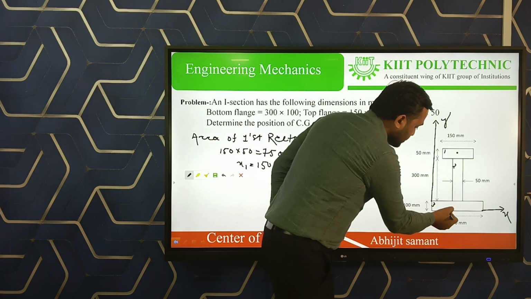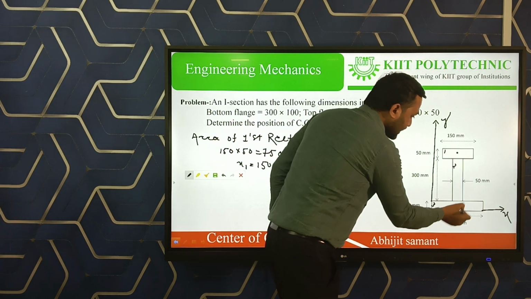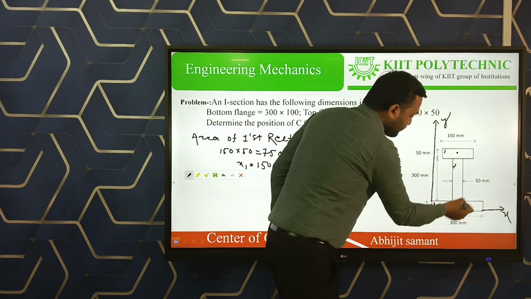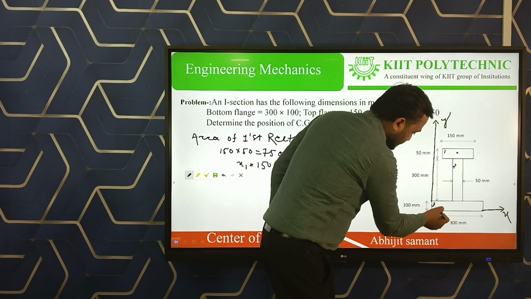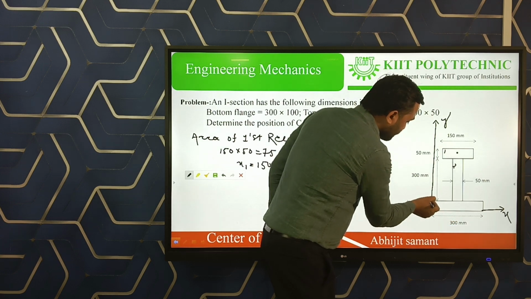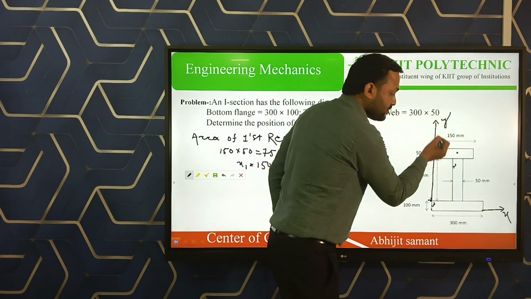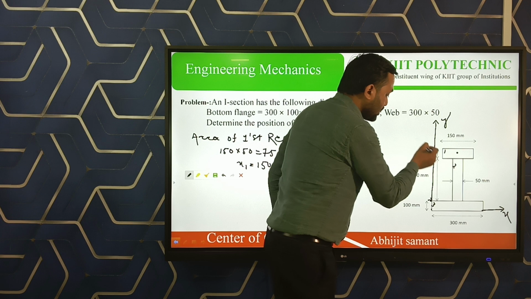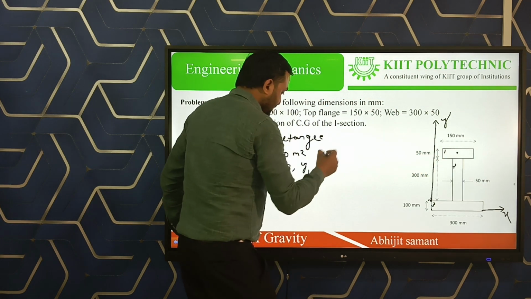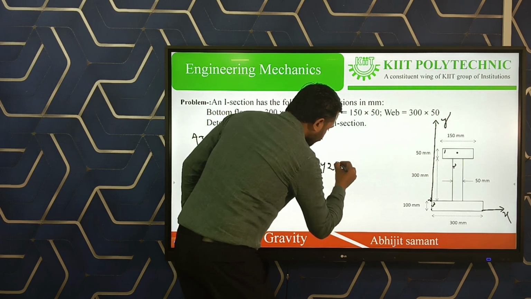Y1 is the distance of the center of gravity of the first rectangle from the x axis. From the x axis, this distance is 100 mm, and this distance from here is 300 mm. So 100 plus 300 is 400 mm, plus half of 50 mm, that is 25. So y1 is 425.